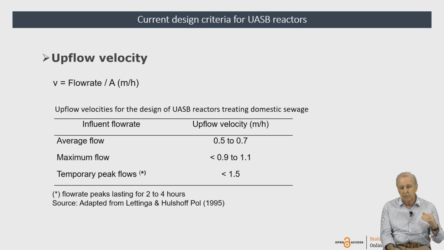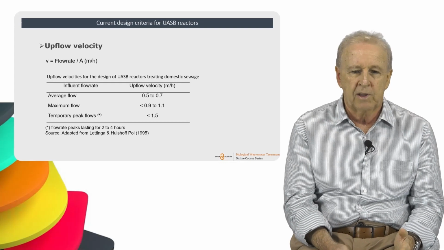We have peak flows most of the time in the later hours of the morning, 10 a.m., 11 a.m., sometimes midday, because we have more water consumption at the early hours of the morning, and this water consumption will be transformed to wastewater that takes some time to arrive at the sewage treatment plant.